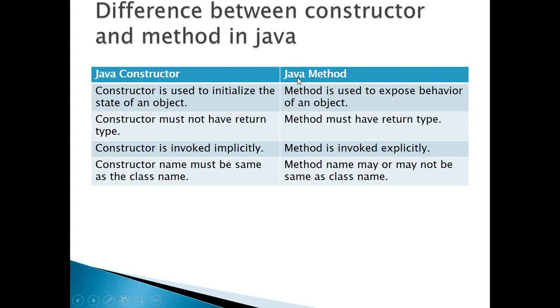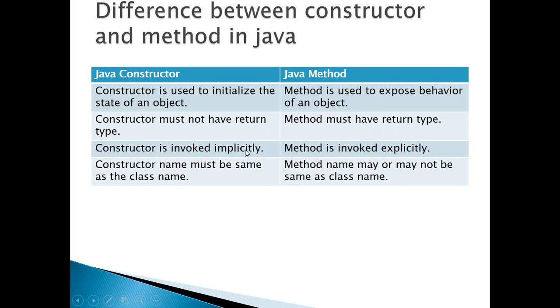A constructor must not have any return type, not int or string, but a method must have one: either void, or int, boolean, whatever you want.